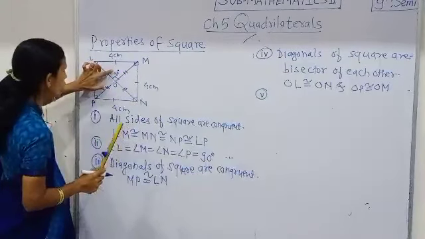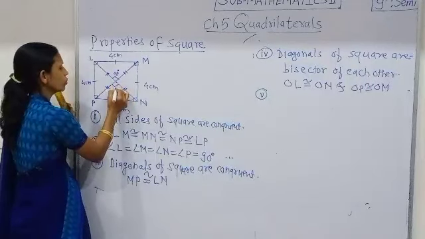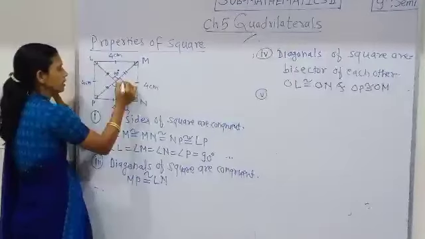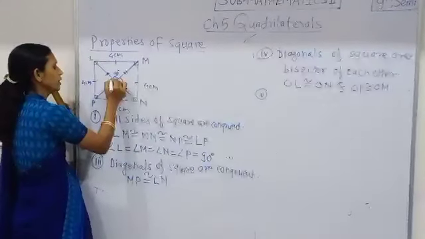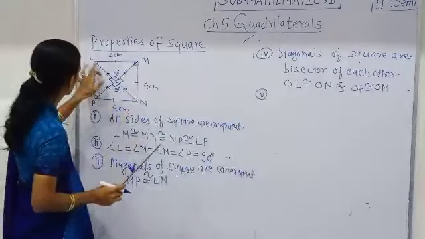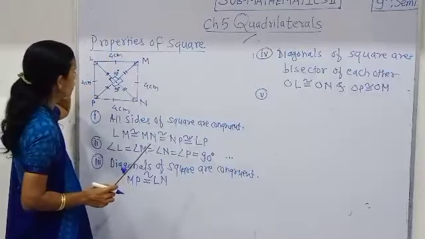As this angle is 90 degrees, this angle is also 90 degrees. As well as if we measure this angle, it is 90 degrees, and this angle is also 90 degrees. That means LN is perpendicular to MP.